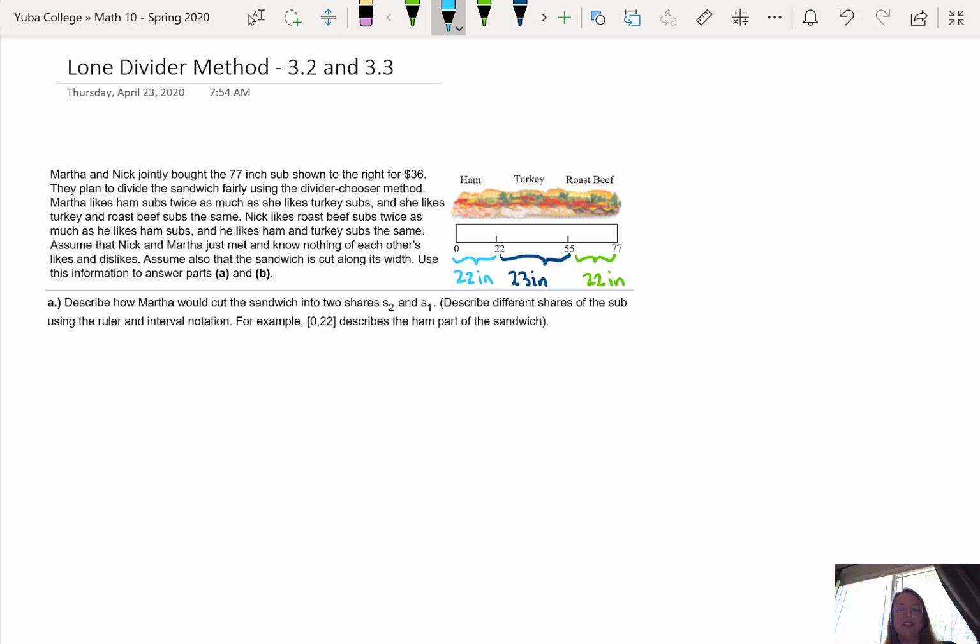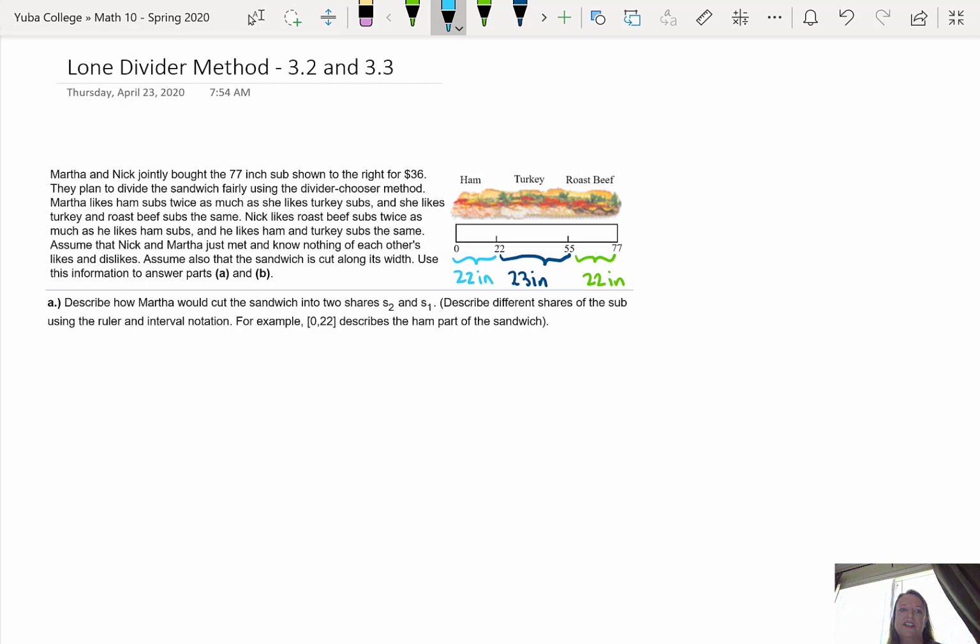We also assume they're going to try to divide this as fairly as possible, splitting it into 50% of what they feel is worth of the sandwich and 50% of what the other part is worth. Then the person that did not divide is going to choose.